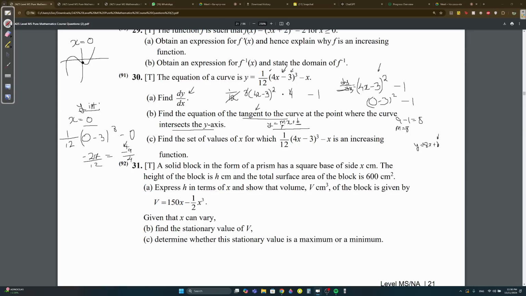So this is your y coordinate. This is our x coordinate. So now to find b, we can substitute minus 9 over 4 equals 8 times x, which is 0, plus b. You're going to get b is equal to minus 9 over 4. So the equation of the line is y is equal to 8x minus 9 over 4. I think.